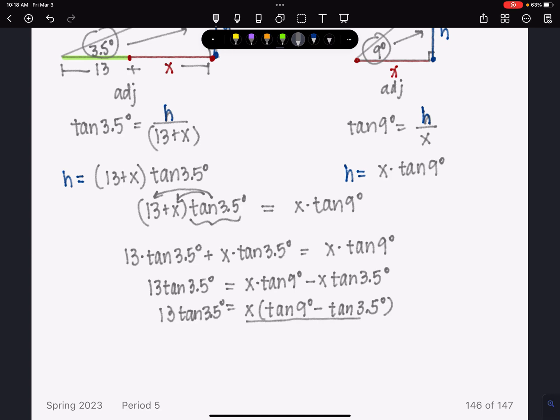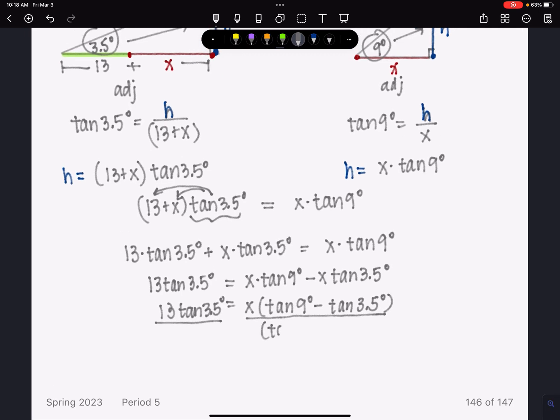And then divide both sides by that difference. So I'm going to have x going to equal all of this.